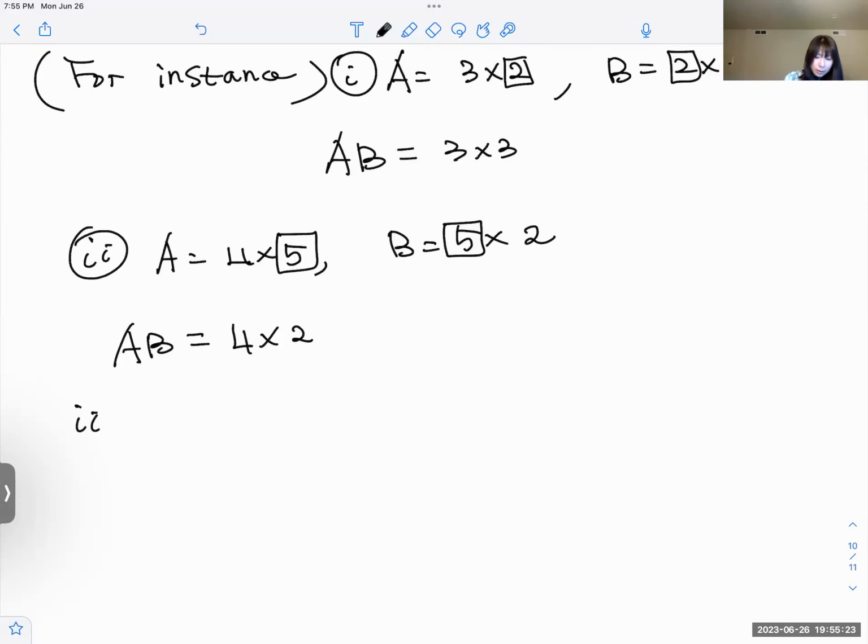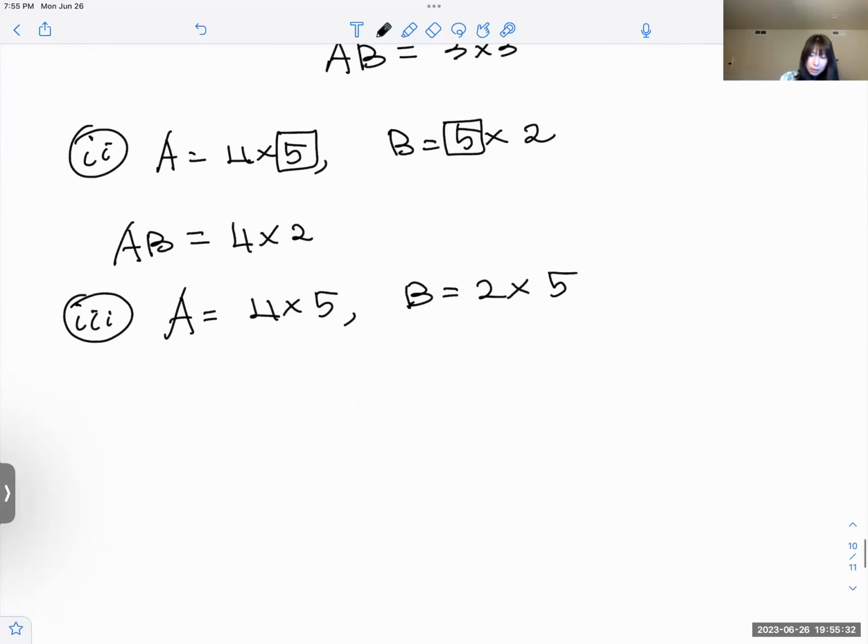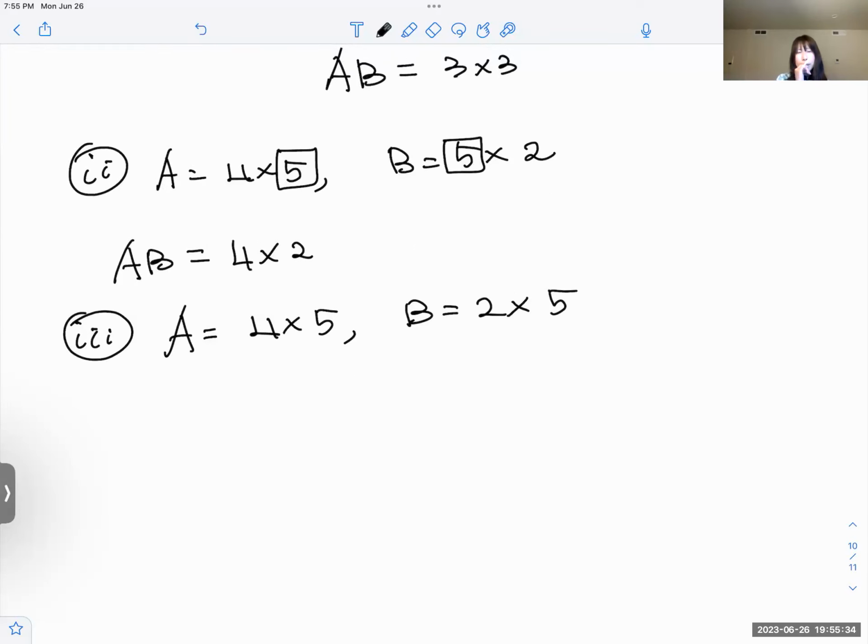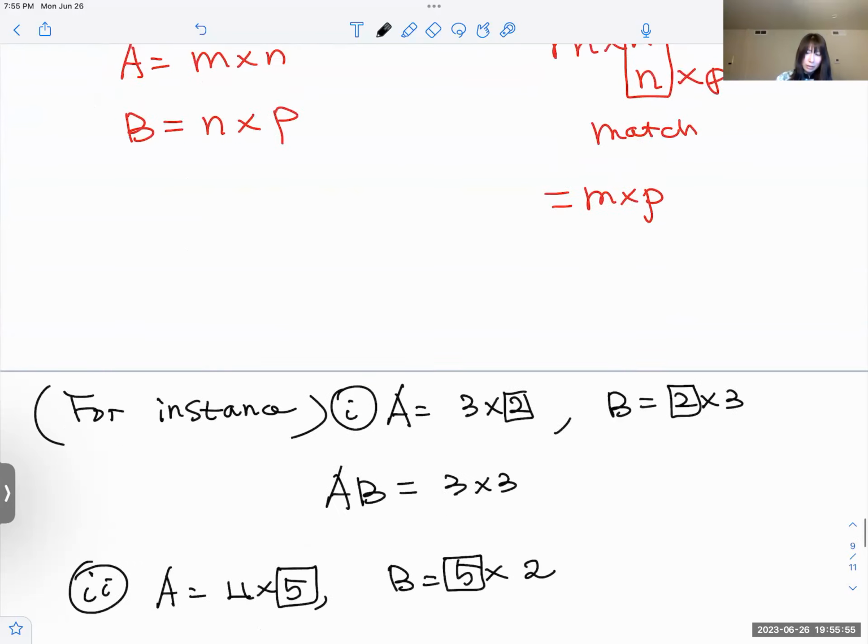Okay, how about this? Last one, we have A 4 by 5, B equal to 2 by 5. What kind of size do we get? 4 by 2 again? Or does it not work? Does not work. Impossible, right? It must be matched like that.